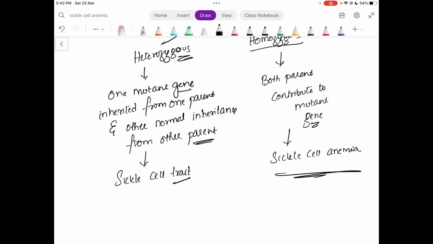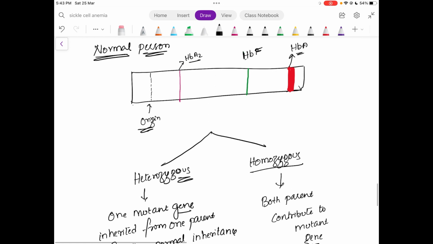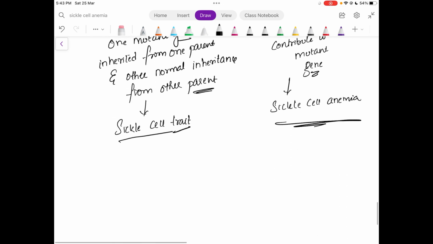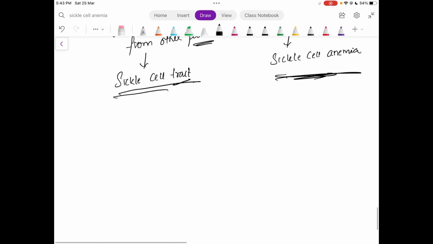So these are the two forms which we have in sickle cell disease. For a normal patient, this is the electrophoretic pattern. We have to see the electrophoretic pattern of both sickle cell anemia and sickle cell trait.